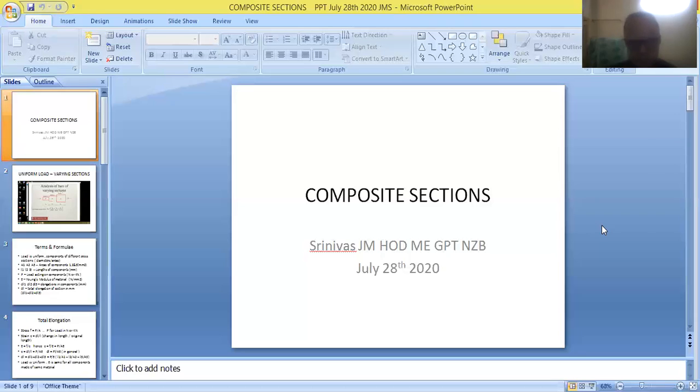Now in different cases, the formulas will be changing from one case to another. So there are four different methodologies or formulas available for solving problems on the four topics.